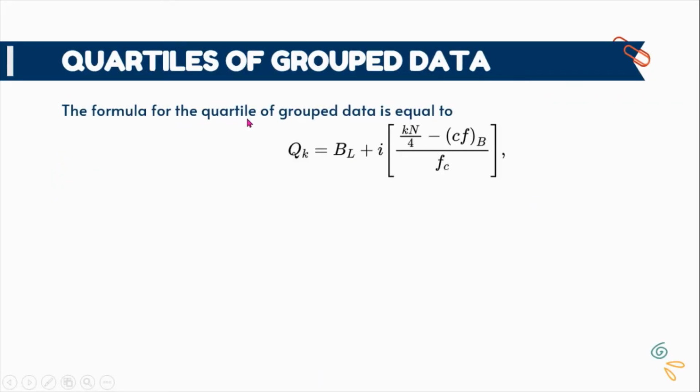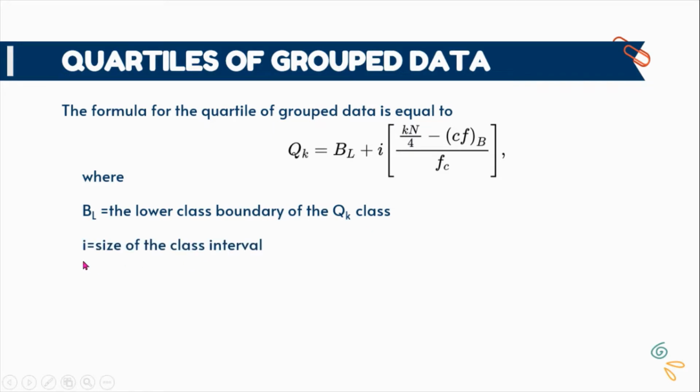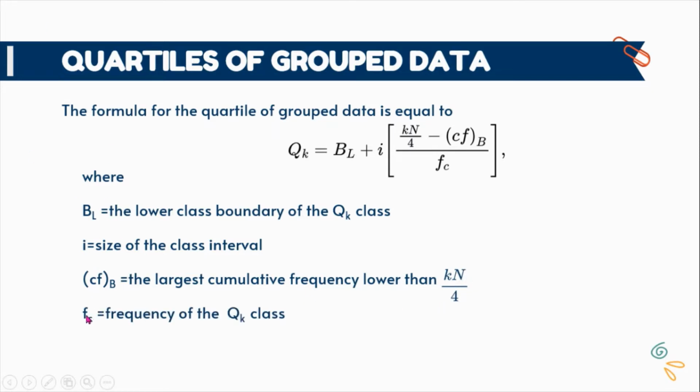The formula for the quartile of group data is Q sub k equals B sub L plus I times the quantity of Kn over 4 minus Cf sub b, all over F sub c, where B sub L is the lower class boundary of the Q sub k class, I is the size of the class interval or the class size, Cf sub b is the largest cumulative frequency lower than Kn over 4, F sub c is the frequency of the Qk class, and N is the number of observations or total frequency.